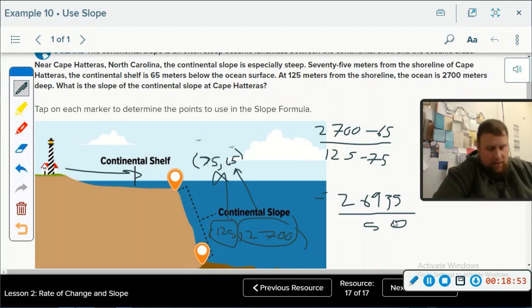And we're going to estimate the slope. What does it say to round it? So we're going to have 26. Oh my goodness, I did this wrong. Not 935. It's 2635. I was looking at that going, something is wrong. 2635 divided by 50.